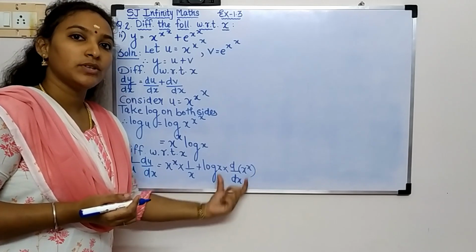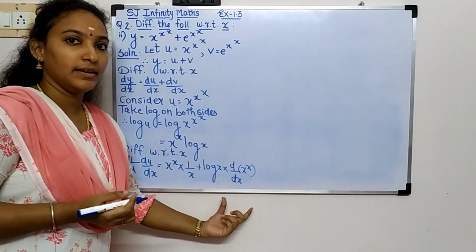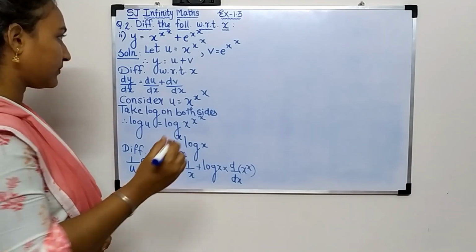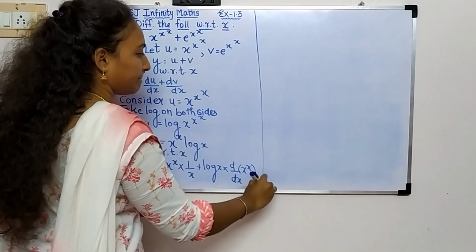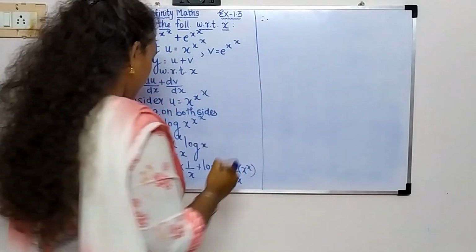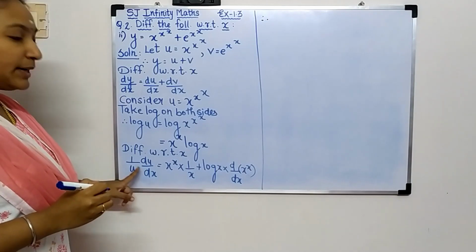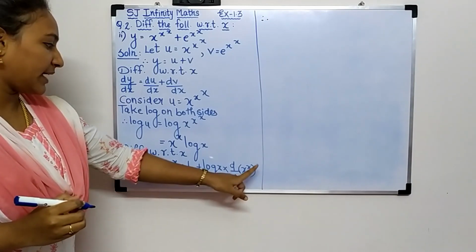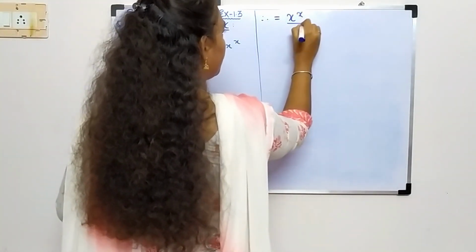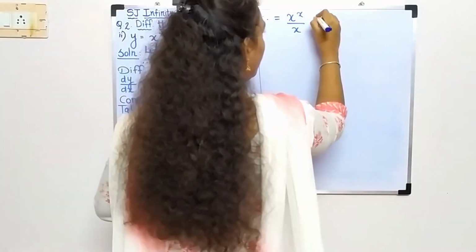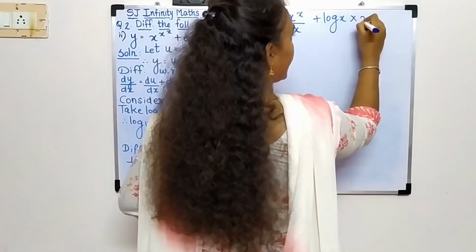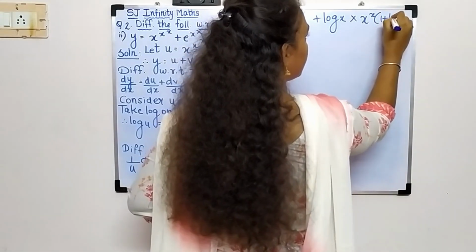You can solve it separately or along with it, then substitute in the answer. Therefore, let me substitute for the derivative of x power x first. This is equal to x raised to x upon x plus log x multiplied with x power x into 1 plus log x.